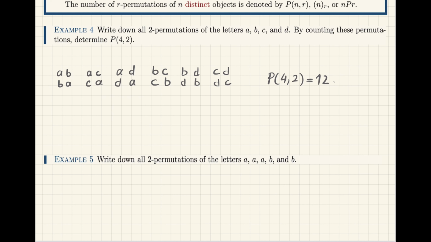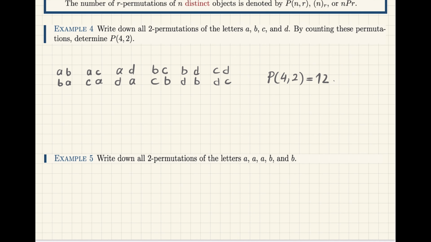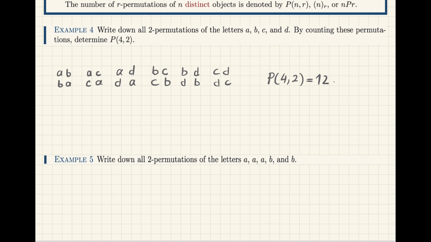Okay, write down all 2 permutations of these letters, 3 A's and 2 B's. Again, I have 2 permutations, but I have 3 identical objects, all of them are A, and 2 objects B, all of them are identical. So how many 2 permutations can I write here? One possibility is that I choose 2 of them to be A's.